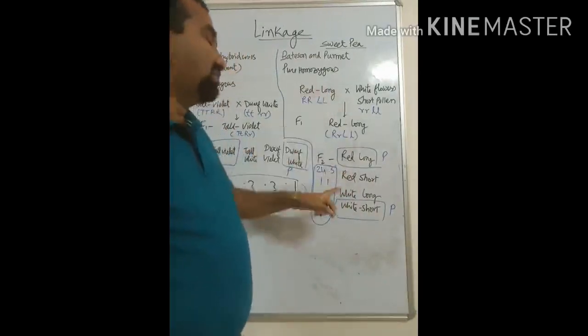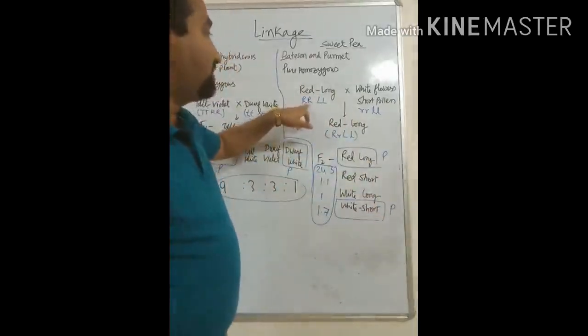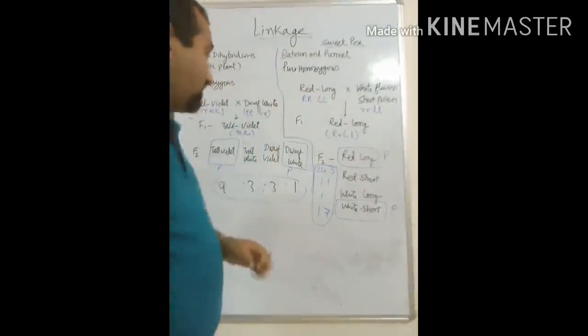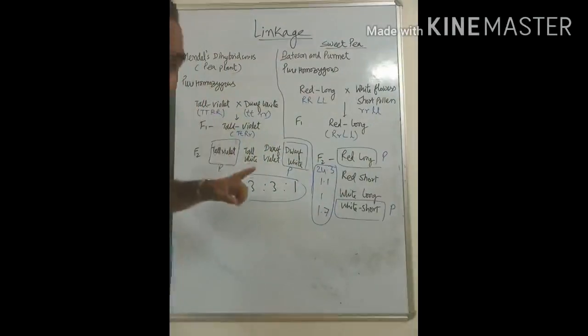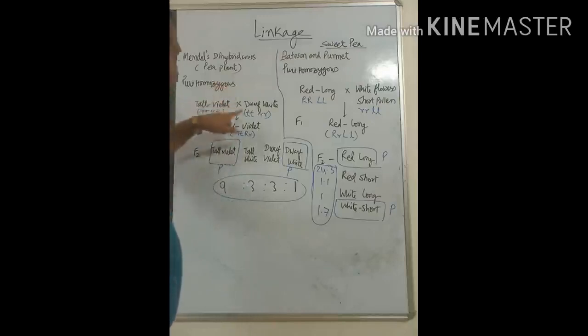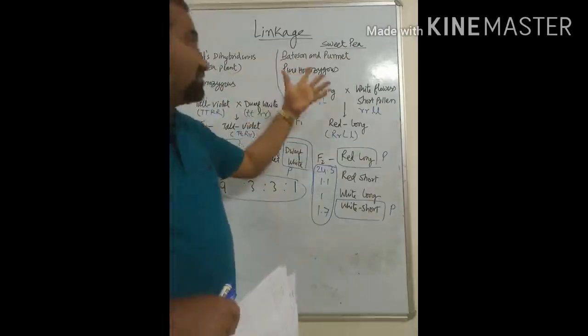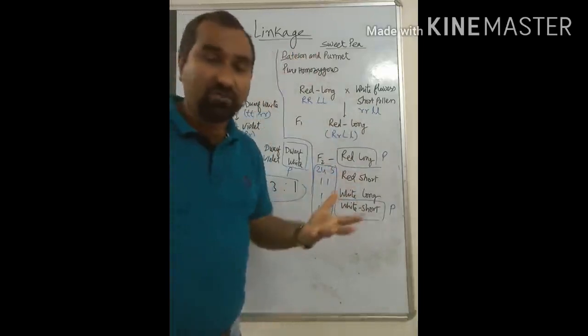So it was observed that in this cross, the gene deciding the red flower and the gene deciding the long pollen do not assort independently, unlike the genes in the pea plant observed by Mendel, where the genes for plant height and flower color assort independently, whereas in the sweet pea plant there was not an independent assortment.